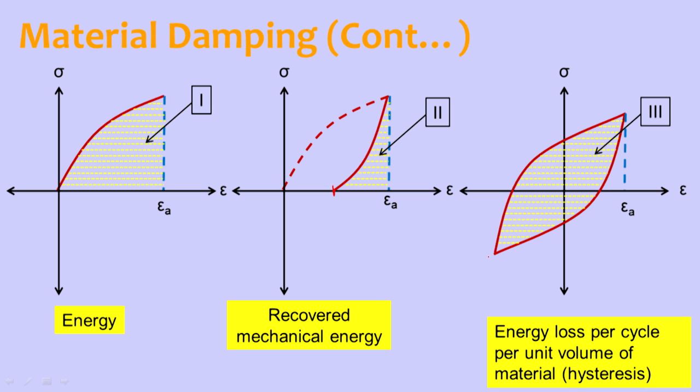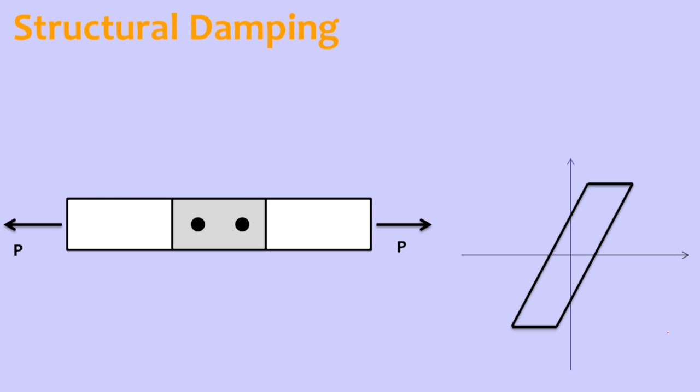This is called hysteresis. It starts from here, goes here, and then comes back, and this completes one cycle. That is the energy loss per cycle per unit volume of the material. This is called hysteresis, and it is a measure of the damping.